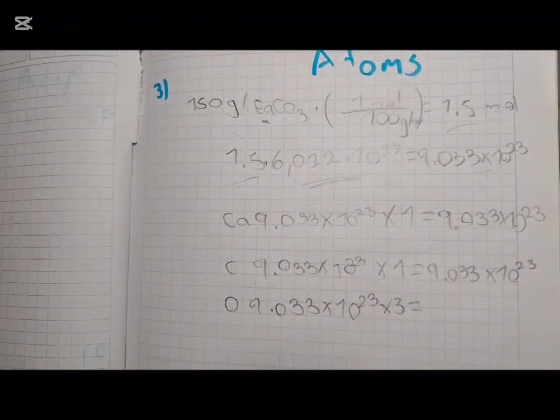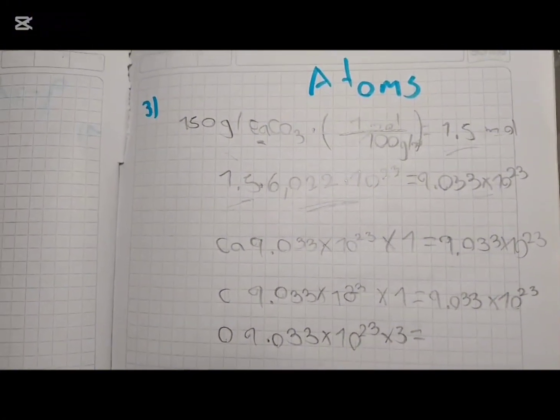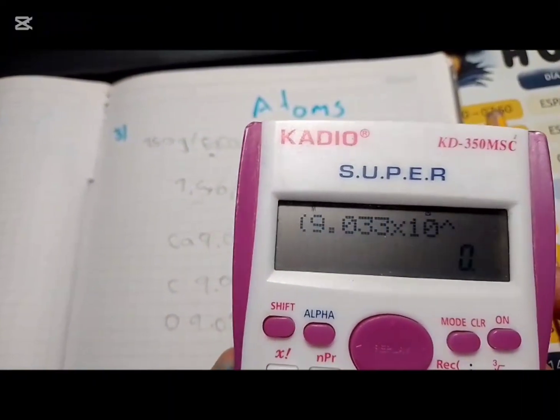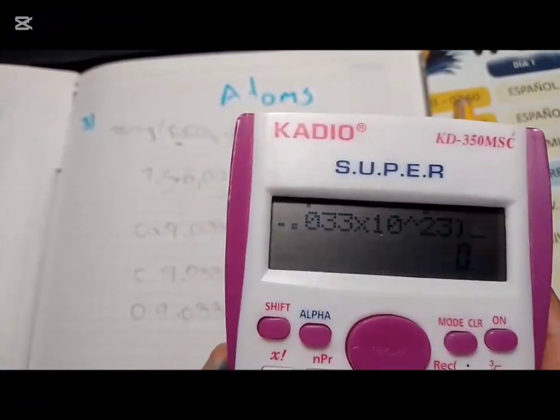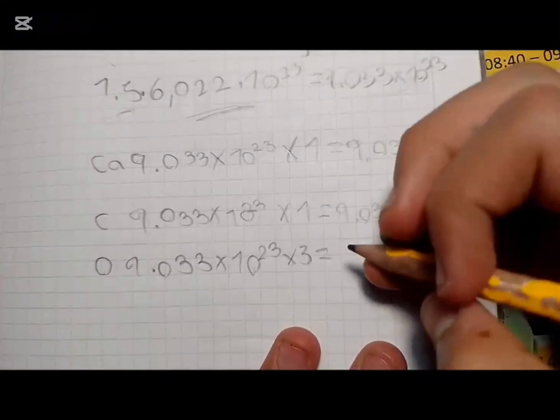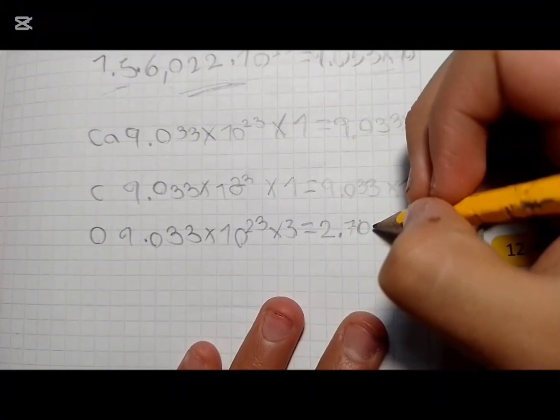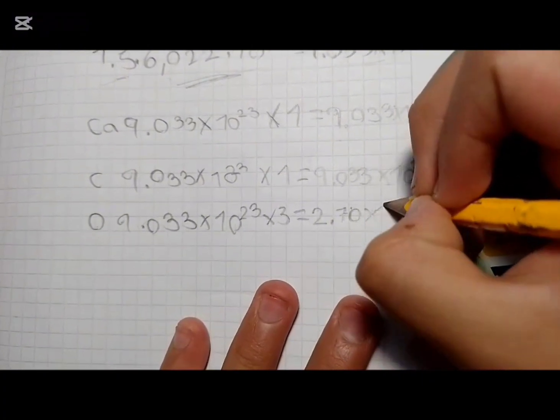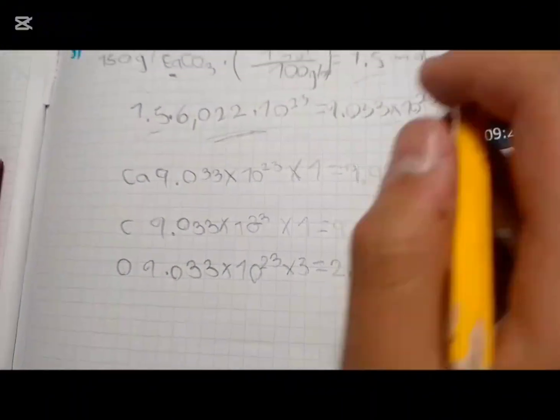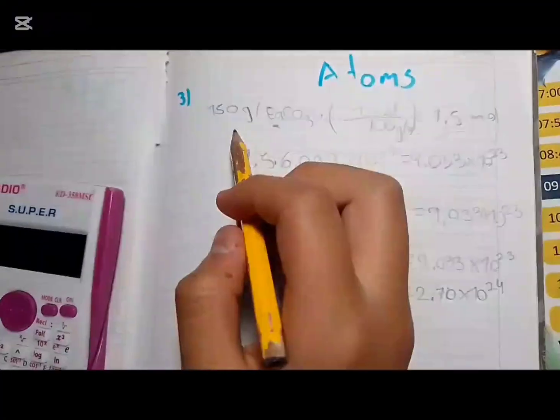And the result of this, with 2 decimals, is 2.70 multiplied by 10 to the 24, and this is how I pass the calcium carbonate in grams to atoms.